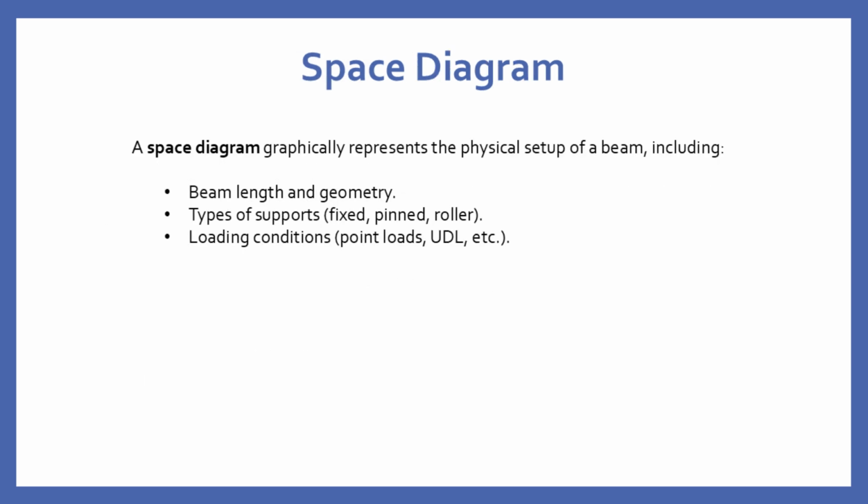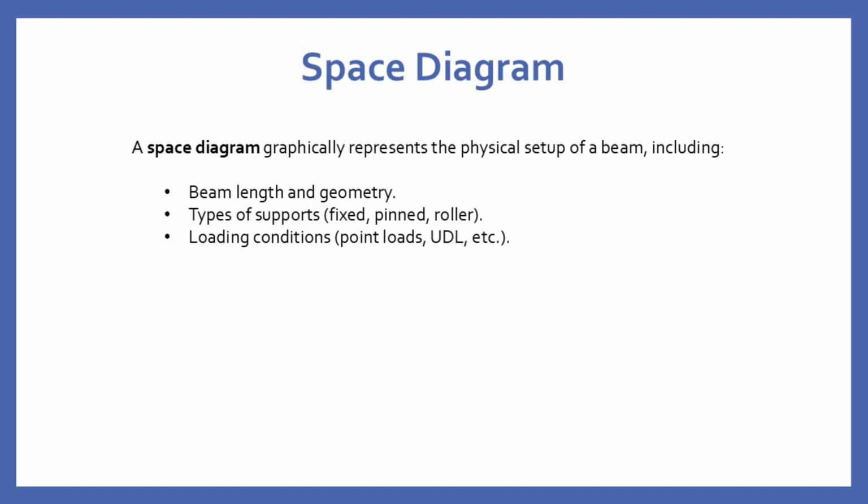The space diagram is like the blueprint of our beam analysis. It's more than just a drawing. It's a visual story that tells us everything we need to know about our beam setup. Just as a chef needs to lay out all ingredients before cooking, we need to clearly represent all elements of our beam problem.